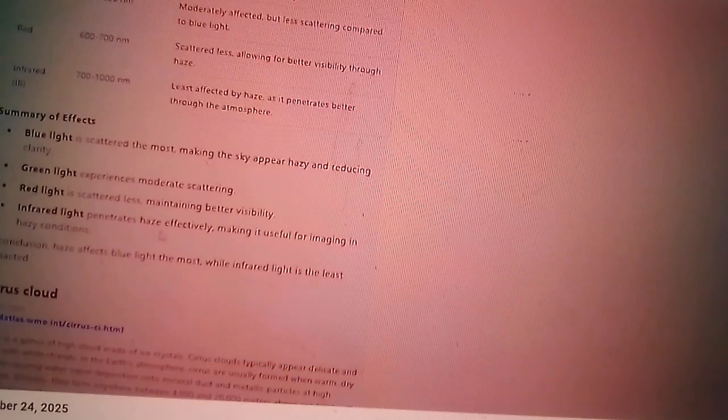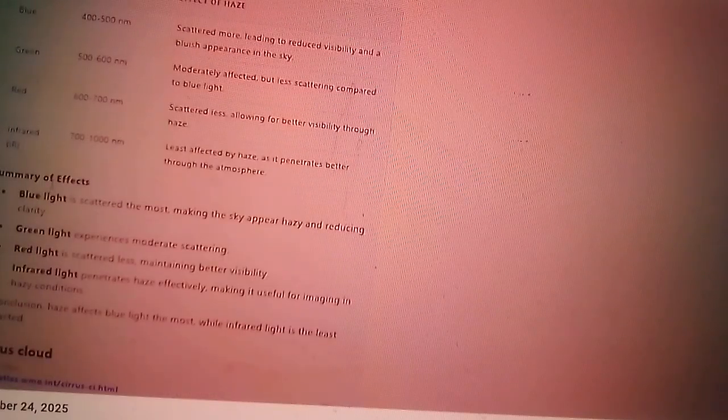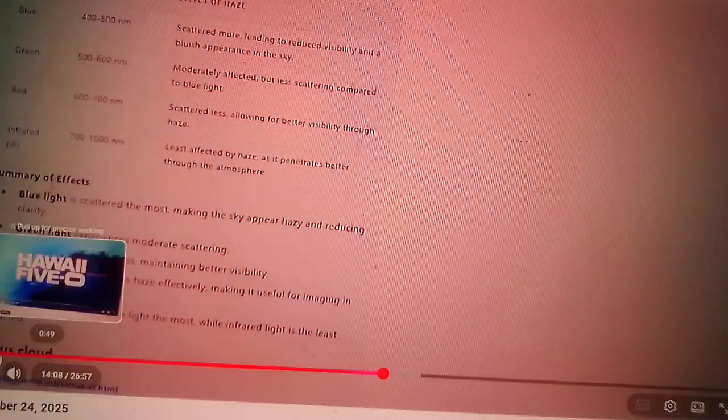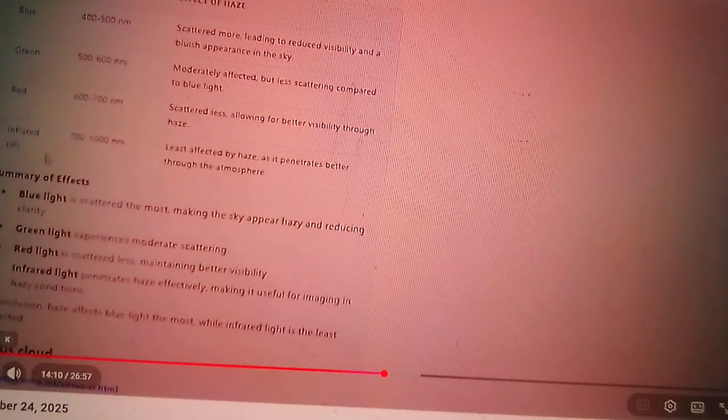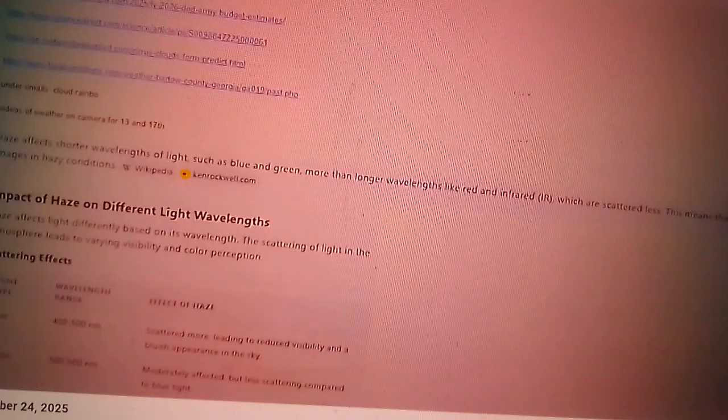Of course, we didn't measure that. This is a side note. Haze effectively, making it useful for imaging in hazy conditions. That's why, like I guess, they always said on a cloudy day at the beach, you would get sunburn worse, maybe. So that was one point from this.